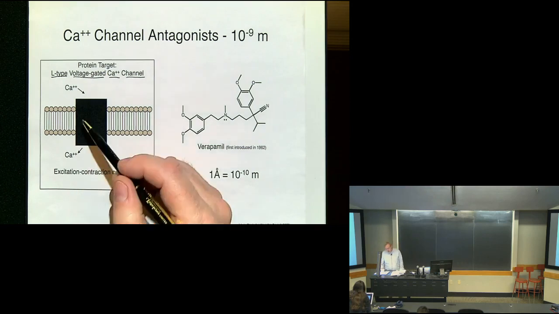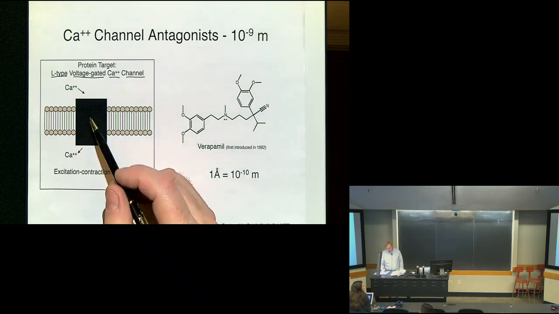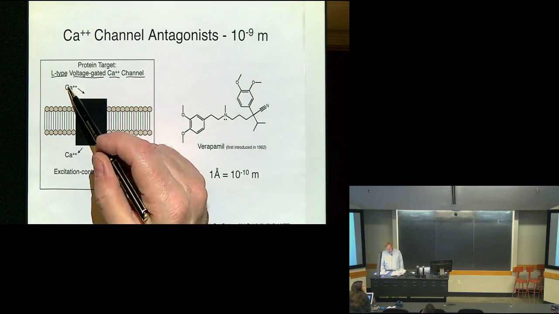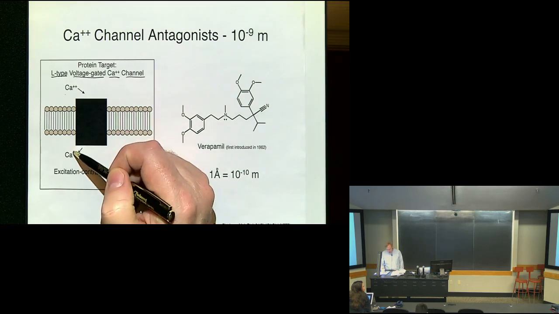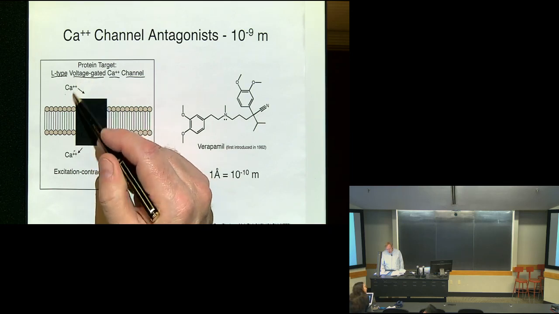Here I've shown it as a black box because when these drugs were first developed, it was a black box. No one had any idea of what this protein looked like. They had some idea, but certainly not in detail that would help for designing a drug. But this is what allows calcium to come through the membrane, this charged ion, but in a very regulated way to changes of voltage across the membrane.